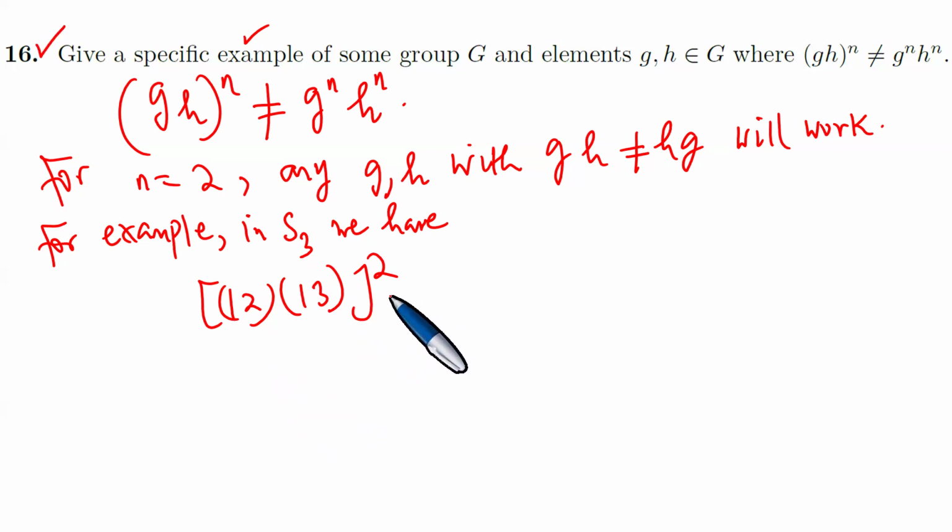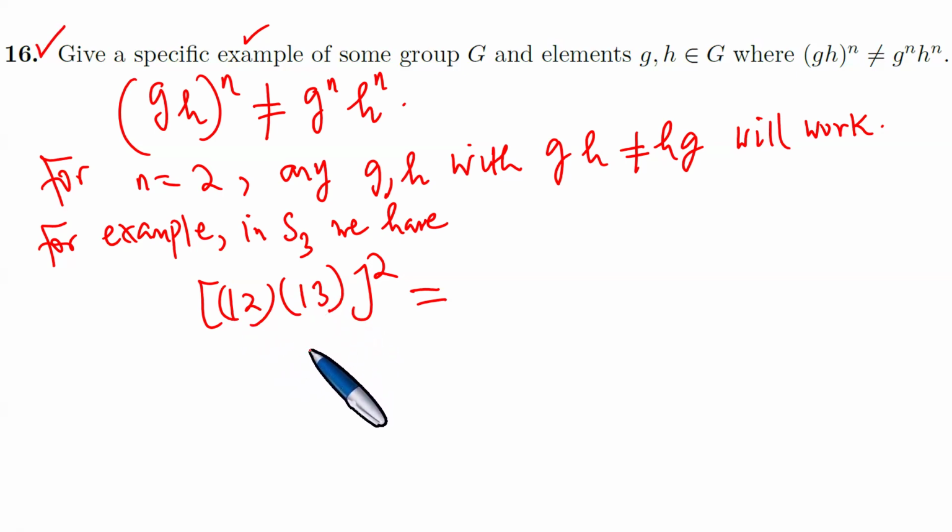So obviously squaring this would be the same as what? You have 1 goes to 2, and simultaneously 2 goes to 1 in this particular transposition. 1 goes to 3, and simultaneously 3 goes to 1.